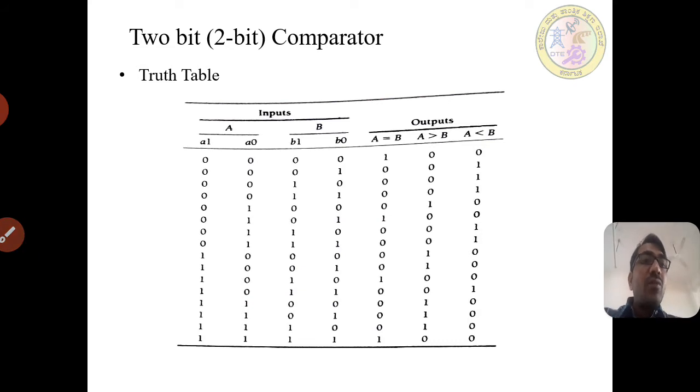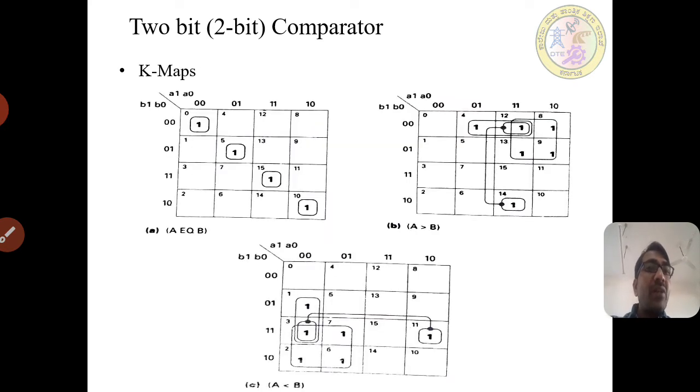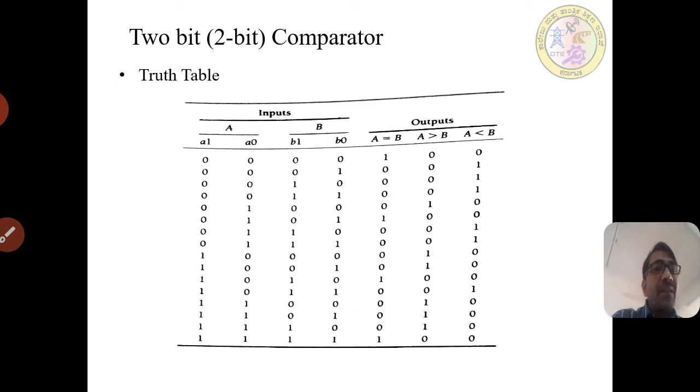There are 2 inputs A and B, each of 2 bits, and outputs are as usual the 3 outputs, that is A equal to B, A greater than B and A less than B. Now by using the K-map we want to reduce the Boolean equation.